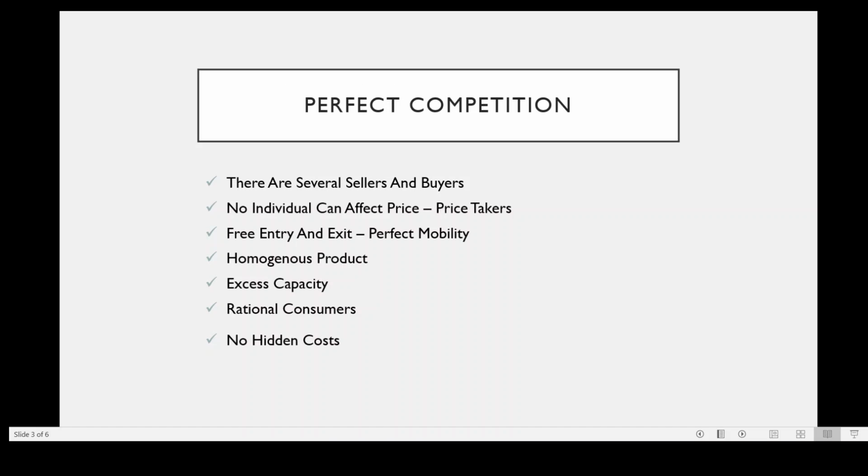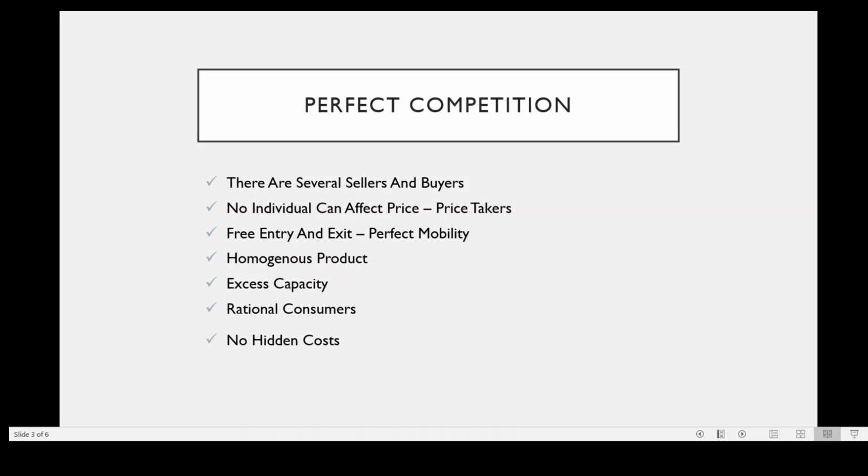The first one we look at is the most difficult of all, where there are several buyers and sellers in this perfect competition. No individual can influence price. So everybody is a price taker. The market is determined by the forces of demand and supply totally.